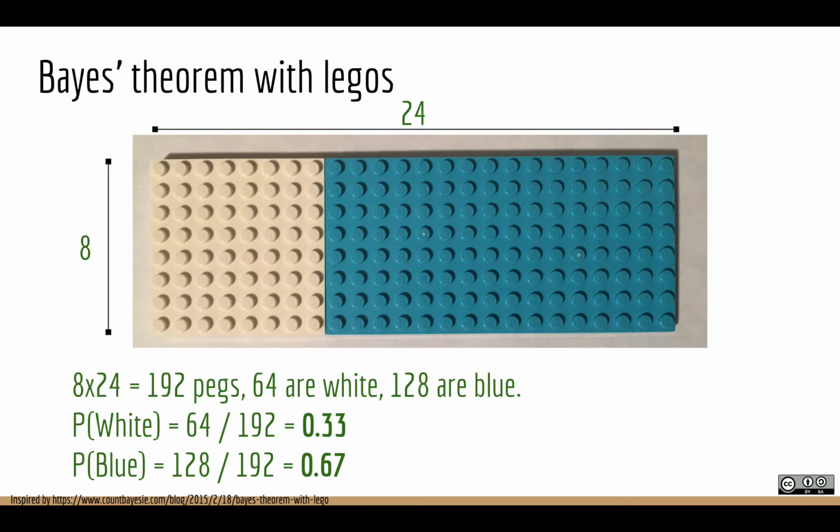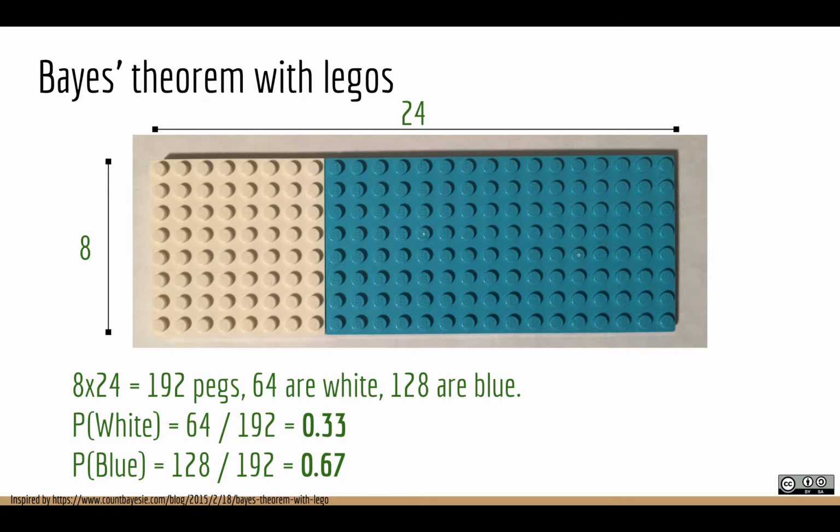So these are priors. In Bayesian speak, this is the prior expectation, the prior probability that we land in white and we land in blue. And a critical piece here is that this entire probability space has to add up to 1. If your probability space doesn't add up to 1, something's broken with your framework, okay?